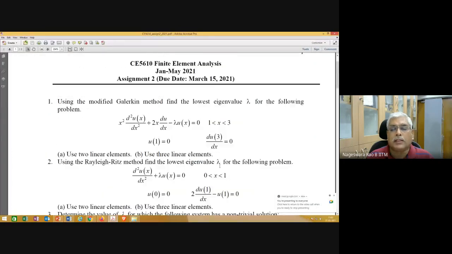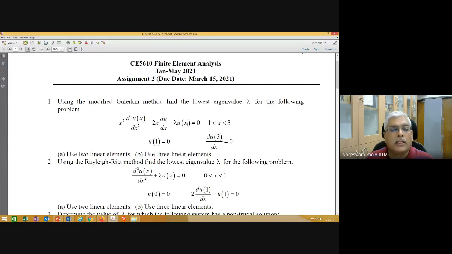Yesterday I sent you this assignment 2, and it actually has some overlap with whatever we covered before, starting this finite element method, like the 2-node finite element method.